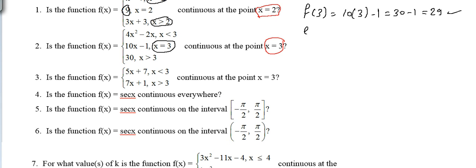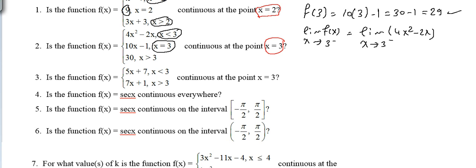Condition 2, the limit of f of x where x approaches 3 minus is equal to the limit of 4x squared minus 2x, because x tends to 3 minus means x less than 3. We substitute 3. It's 4 into 3 to the power 2 minus 2 into 3.